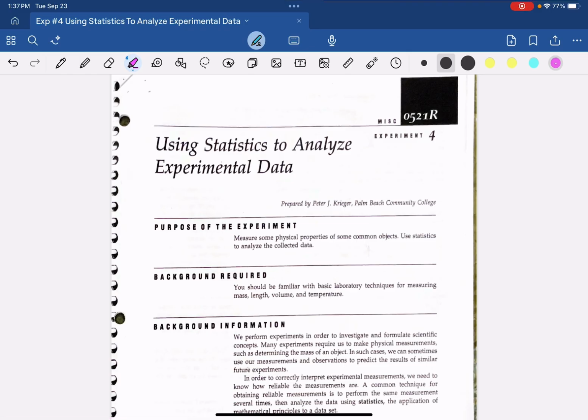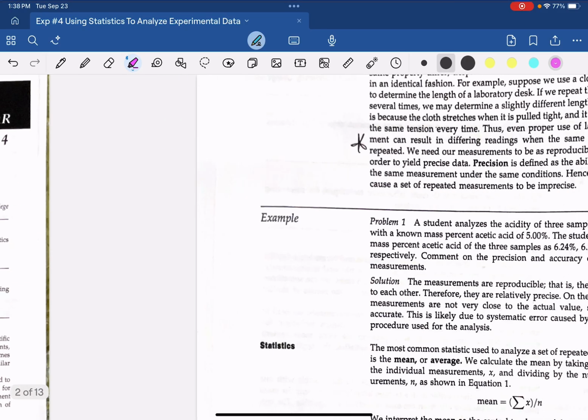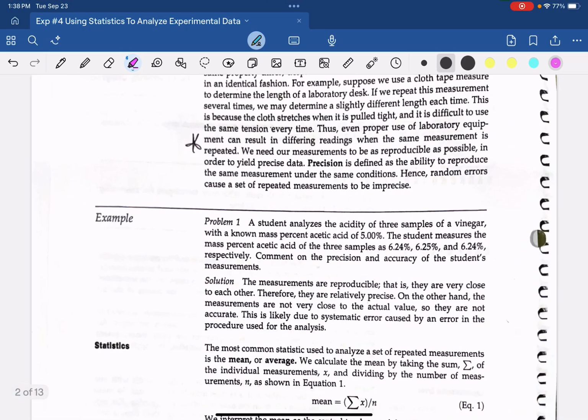As we look at the front cover, this is where we have the purpose and the background information to get you started. As we delve further into the lab, I'd like to point out that there are a series of example problems that are going to help us as we proceed with doing the work on our own.